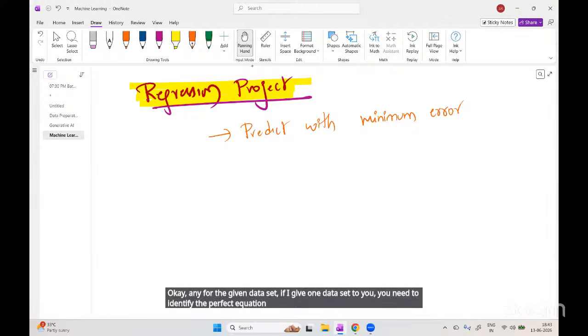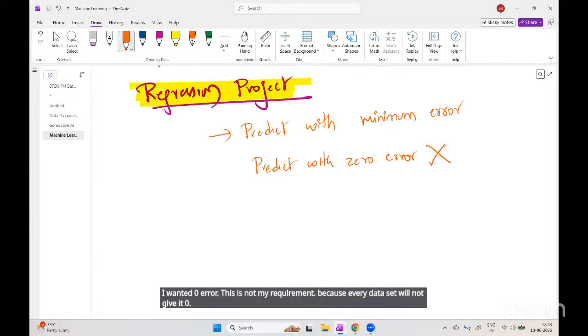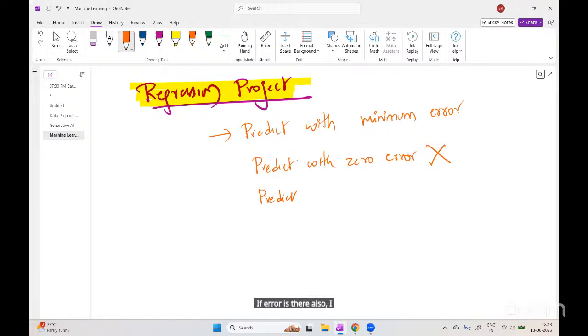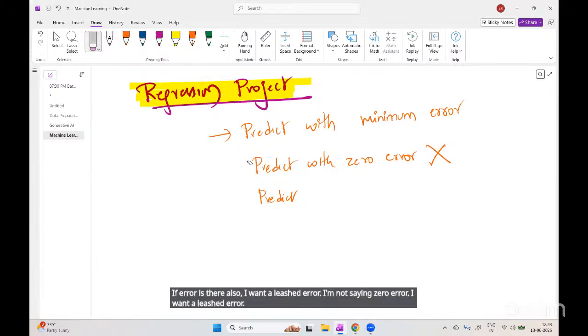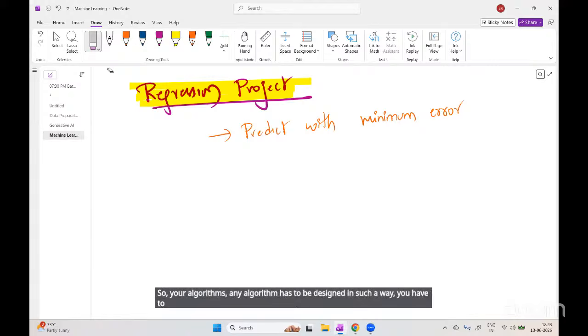I am not asking you to give zero error, because not every data set will give zero error. Not possible. If error is there, I want the least error. Any algorithm has to be designed in such a way that it gives the minimum error.